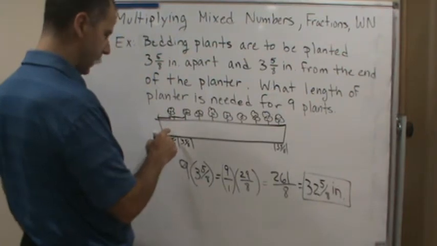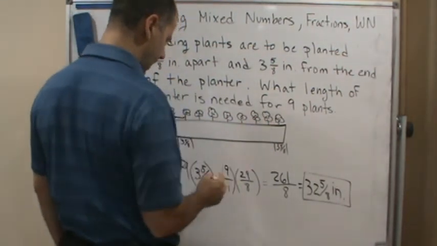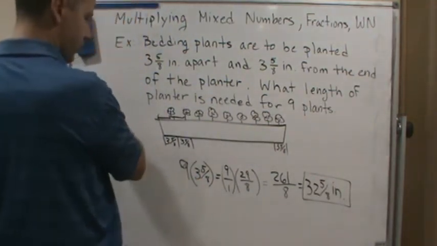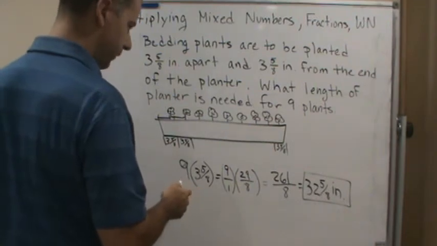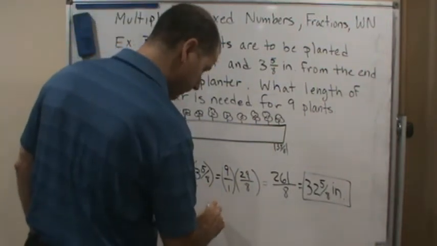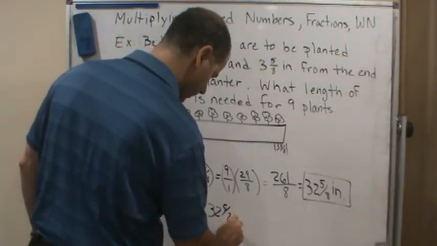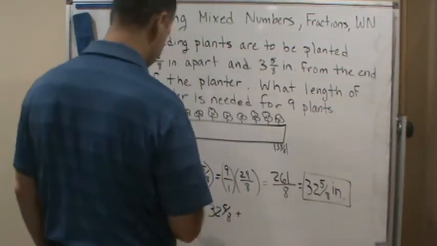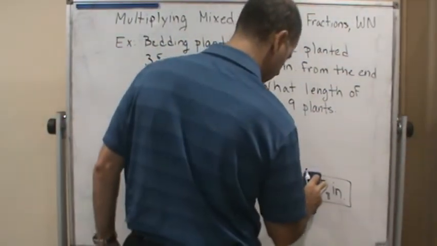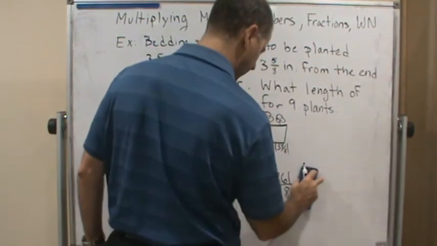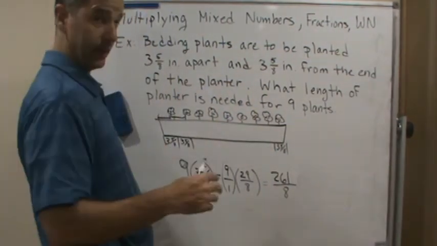So that means I'm going to have 10 spaces. So that means I'm going to have to add another 3 5/8. So I missed one. The multiplication's okay, but I used the wrong number. It should have been 10, because, again, check your work.